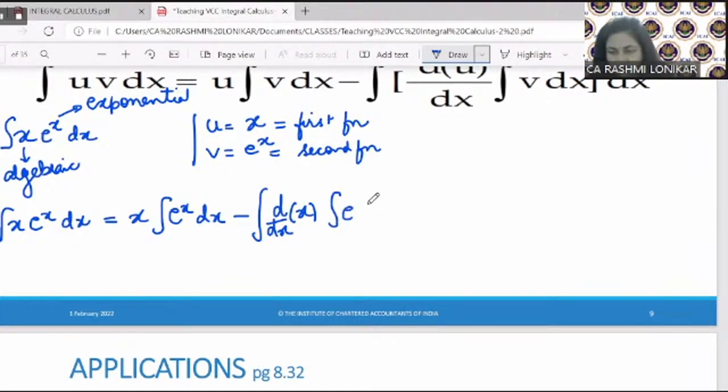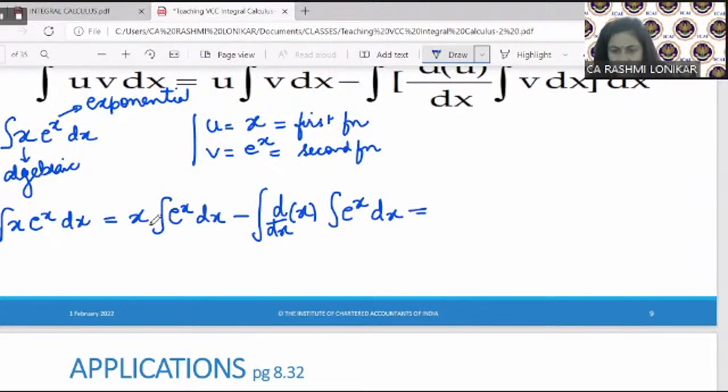Second function is e raised to x dx. Okay. Now, first I will do this derivative and then I will multiply it with the integration of the second and then again find the integration.